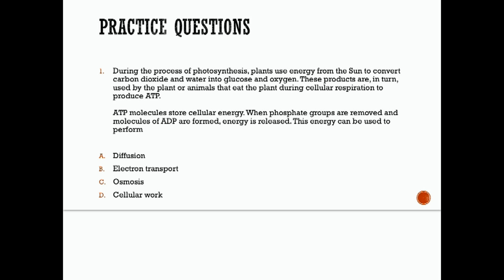Number 1, during the process of photosynthesis, plants use energy from the sun to convert carbon dioxide and water into glucose and oxygen. These products are, in turn, used by the plants or animals that eat the plants during cellular respiration to produce ATP. ATP molecules store cellular energy.